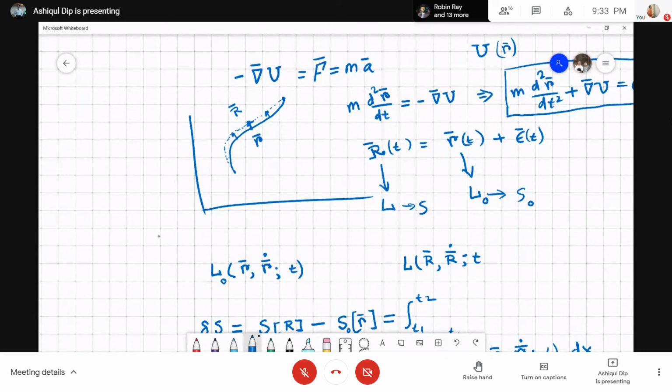Then here it might be small, but after integration over this t, it could be big, like this. So we are demanding epsilon remains small for every point. So obviously epsilon dot has to be small as well. Otherwise it won't. Got it.